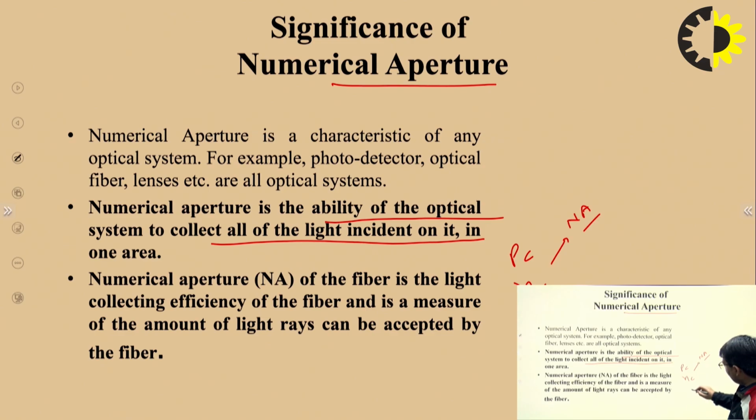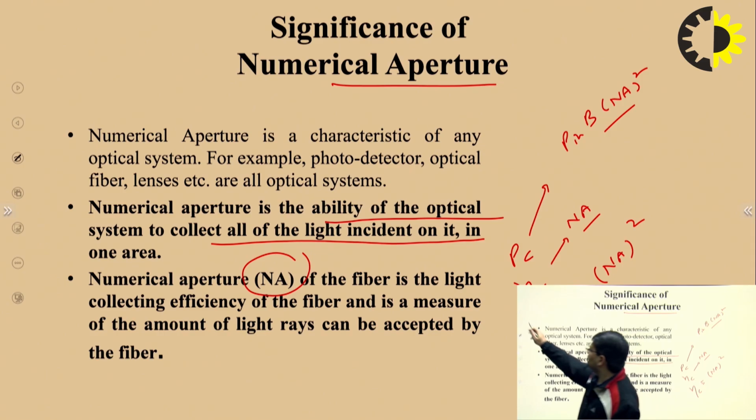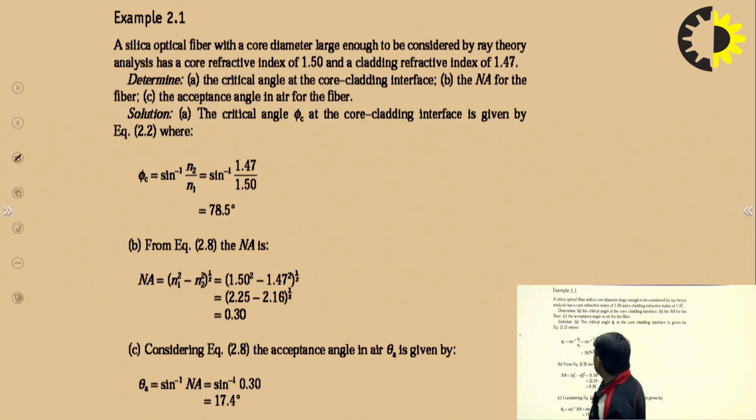So generally we have coupling efficiency nearly equal to numerical aperture square, whereas power coupled depends on the power in the medium, then the brightness of the source, then the numerical aperture. So basically this numerical aperture signifies the light gathering or collection capability of the optical fiber. So we have already discussed the significance.